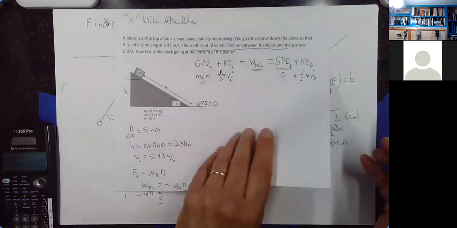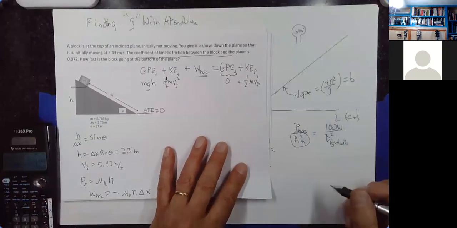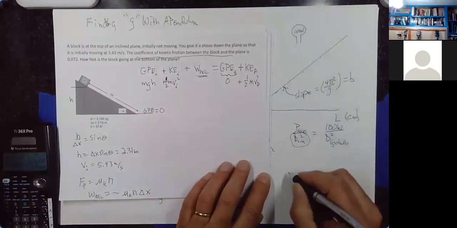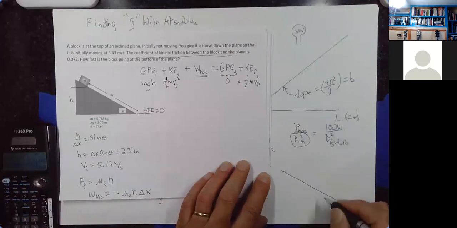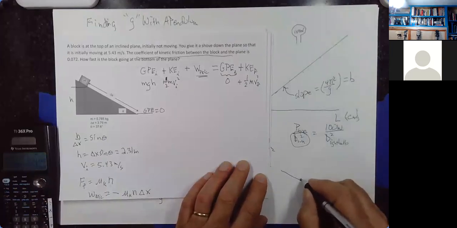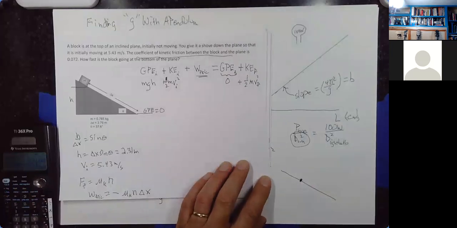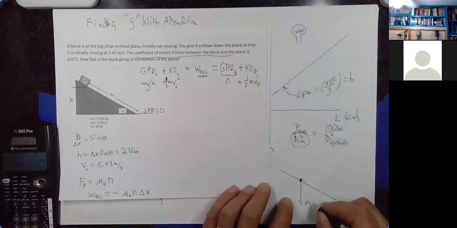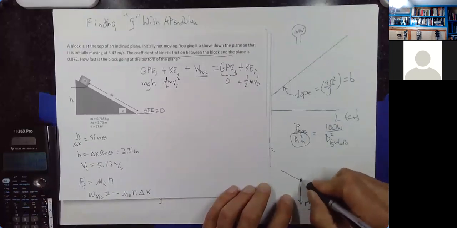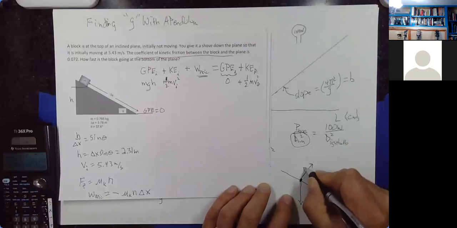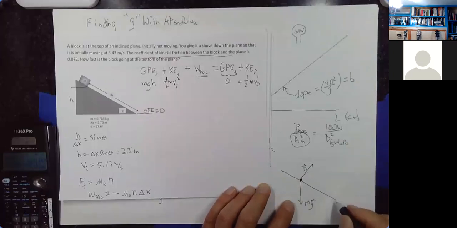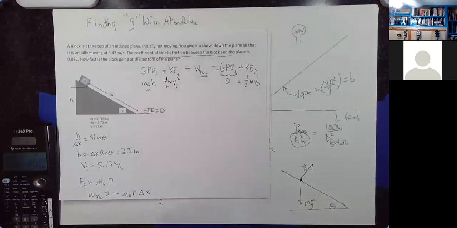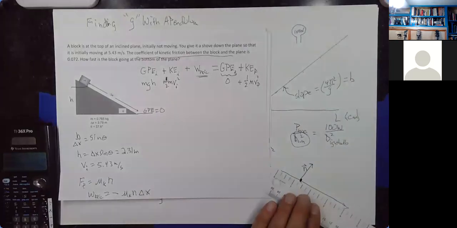And I'm going to do that off to the side on a piece of paper here to try and understand this thing. But here's what I'm going to have for forces. I don't usually draw a solid line on a free body diagram, but I will have mg acting downward. The normal force always acts perpendicular to the surface, and so that's the normal force. And then this plane is inclined at an angle theta. There's one more force acting here, and that's the frictional force.